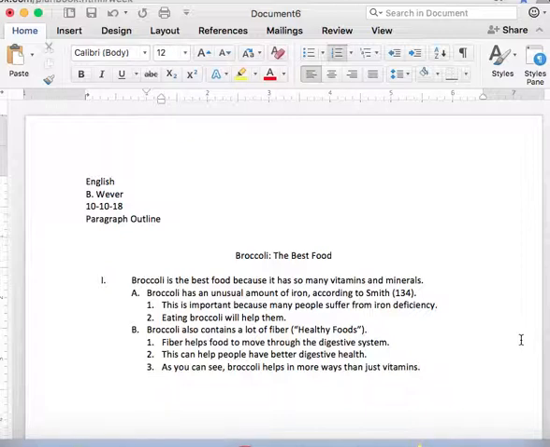Now it's time for my third and last fact. This should be my most important fact. So again, I'm going to press enter. I'm going to press the backspace key. If it doesn't line up, I'm going to press it again and again until it lines up. I can try hitting the tab button, but that's not working for me. So I'm going to come up here and drag that across so that it lines up. That line should line up with the A and the B. Now I'm going to put a capital letter C. And my final fact.